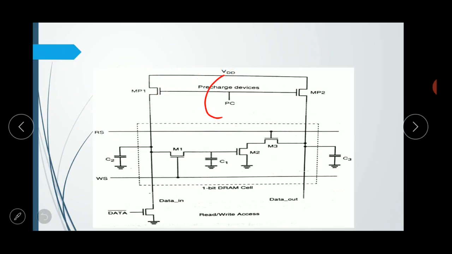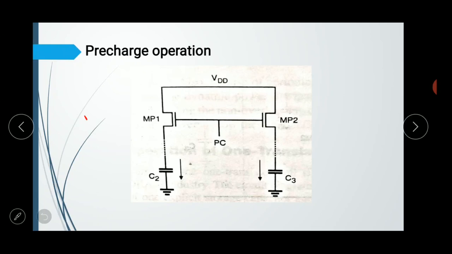So this one is the PC. Means we have to make it high. During the pre-charge cycle, the column pull-up transistors are activated. Let's go to the next diagram. This one is for pre-charge operation.